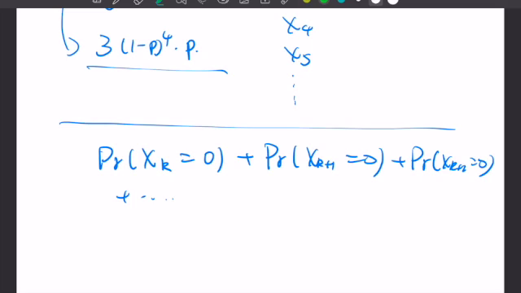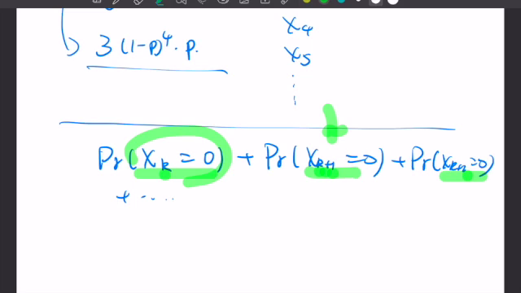You should notice that these events, Alice gets ruined after the kth play, or after the k plus 1th play, after k plus 2, and so on, are disjoint events, right? Because if Alice gets ruined at this point, then she cannot get ruined at the next point.